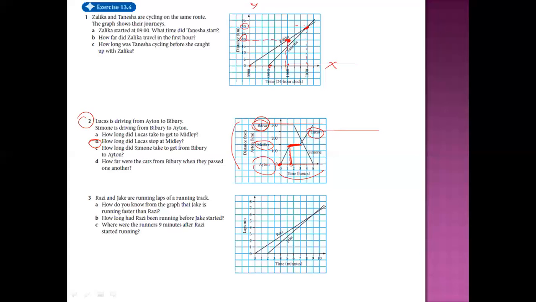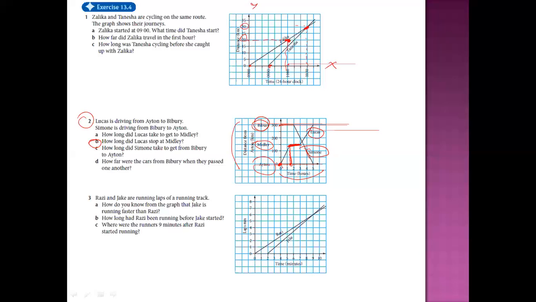And C: how long did Simon take to get from Bibury to Iton? Where is our second man? Simon is here. He started from Bibury to Iton, and how many hours will his journey take?